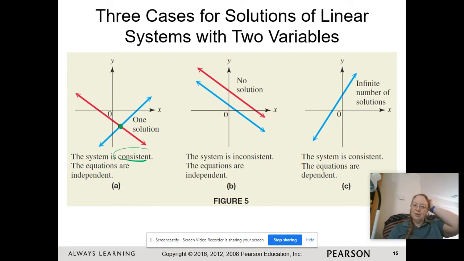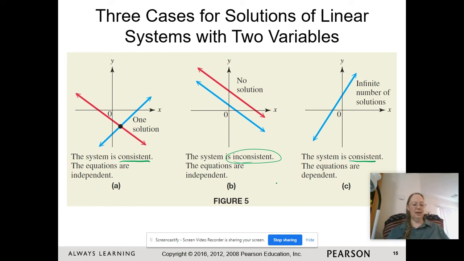This word consistent means that the system has a solution, has an answer. Can be more than one, but it has an answer. If you look at the parallel lines where there's no solution, we say it's inconsistent. Where it's the same line, lots of solutions, we say it's consistent. So anytime the solution has one or more answers, we say it is consistent. The exception being where they're parallel and they have no solution, we would say it's inconsistent.